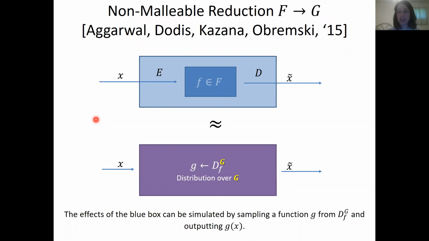So it turns out that this definition is really nice because it can now be generalized to a notion called a non-malleable reduction from a class F to a class G. And again, this was introduced by Agarwal et al.